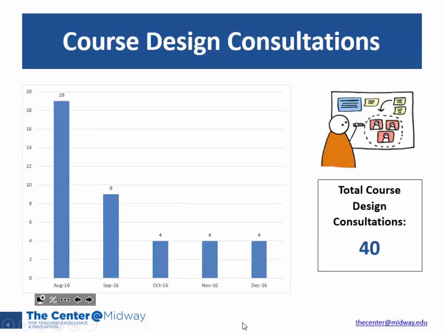Total course design consultations. That's where you faculty members contact one of us and we work with you individually. We had 19 in August, but then by the end of the semester we're done. We're just trying to get out of here. Okay? Designing a course doesn't have to stop after the first month.